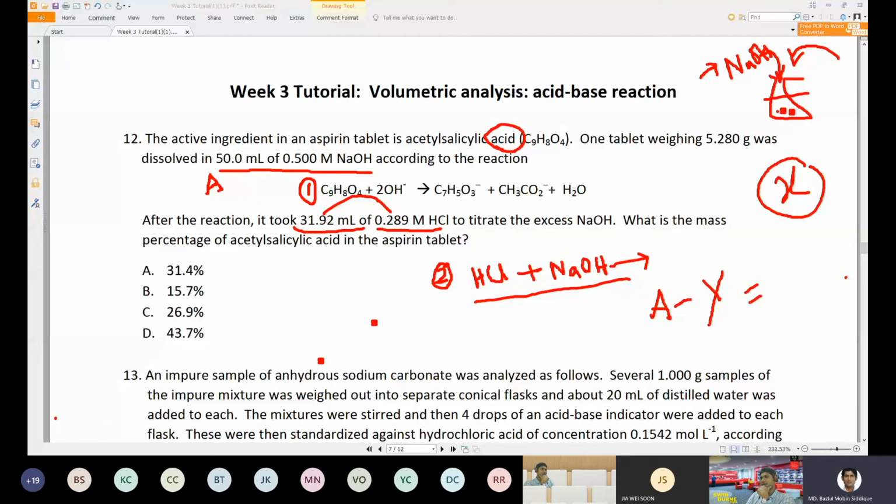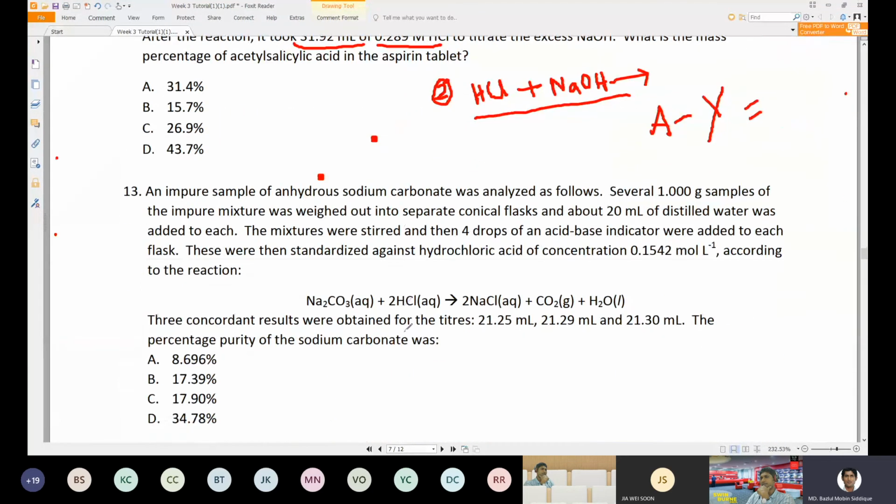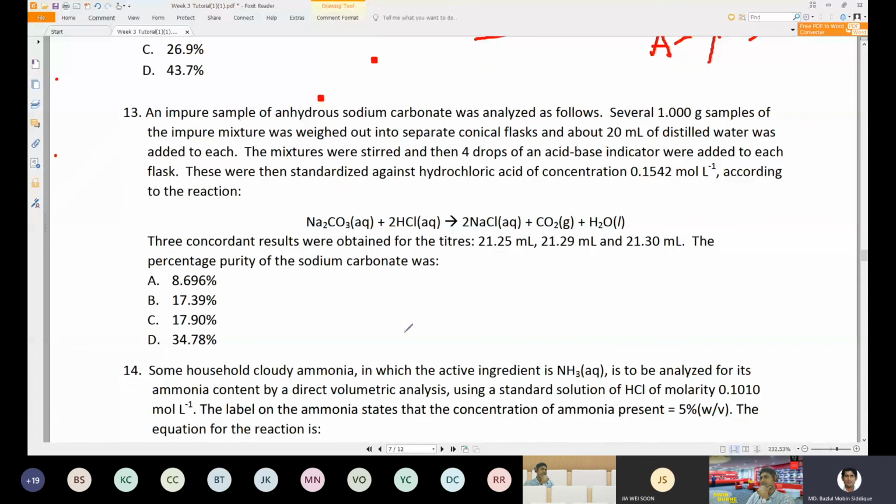Okay. So question number 13. It says that an impure sample of anhydrous sodium carbonate was analyzed as follows. Sodium carbonate, remember. Several 1 gram samples of the impure mixture were weighed out into separate conical flasks, and about 20 milliliters of distilled water was added to it.